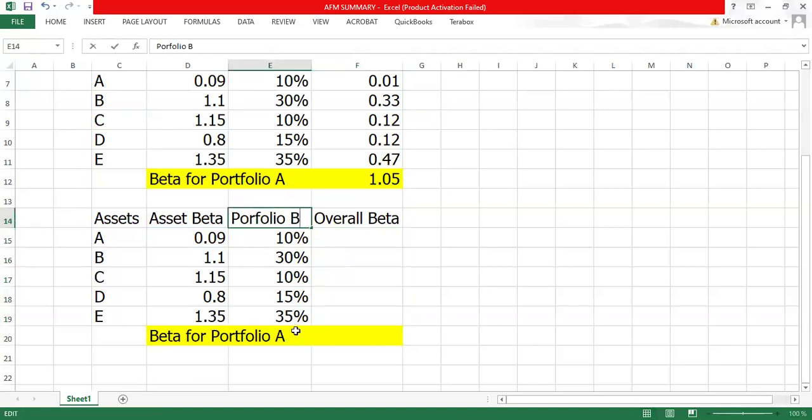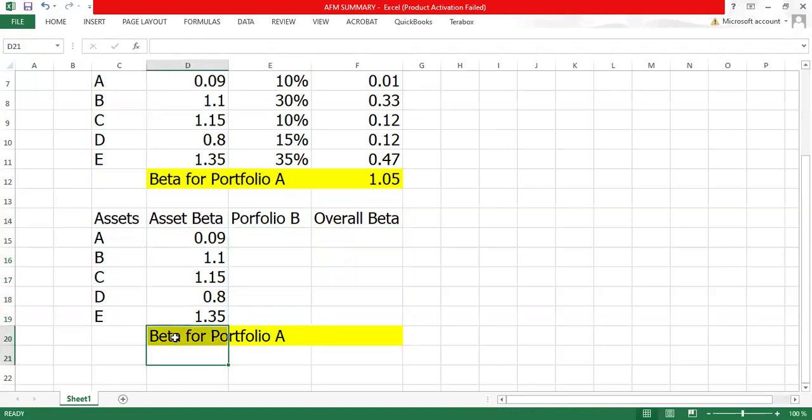Where there is A, I put B. The only thing that is going to change are these ones here. But the beta formula is the same.